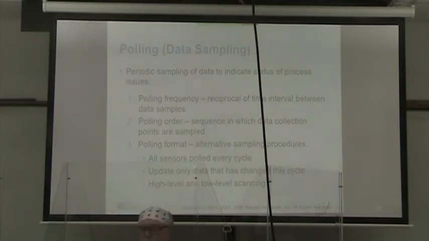So polling, we're doing periodic sampling of our data so that we know the status of our process issues. Our polling frequency is going to be the reciprocal of the time interval between data samples.